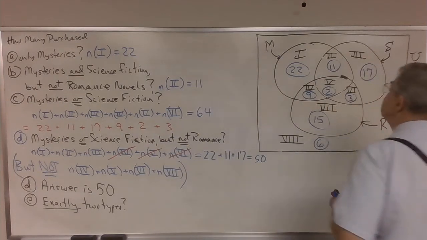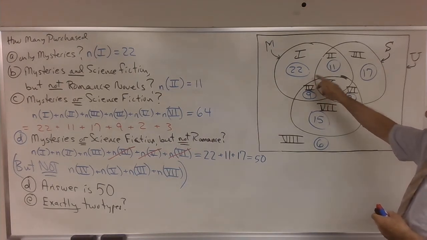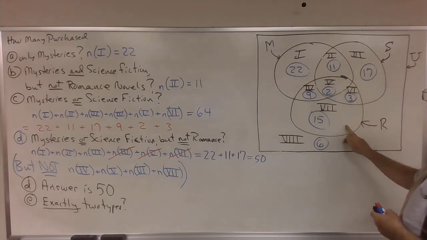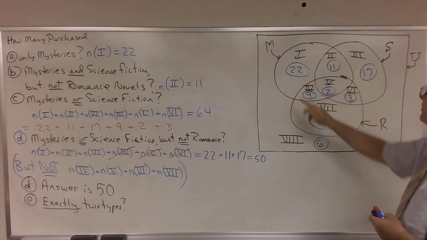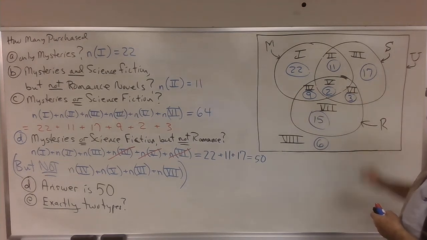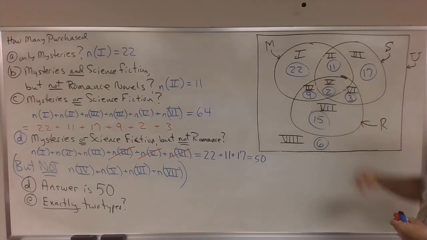So in other words, they purchased either mysteries and science fiction, but not romance, or they purchased mysteries and romance, but not science fiction, or they purchased science fiction and romance, but not mysteries.